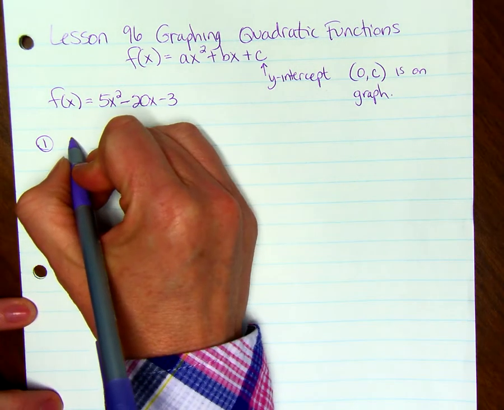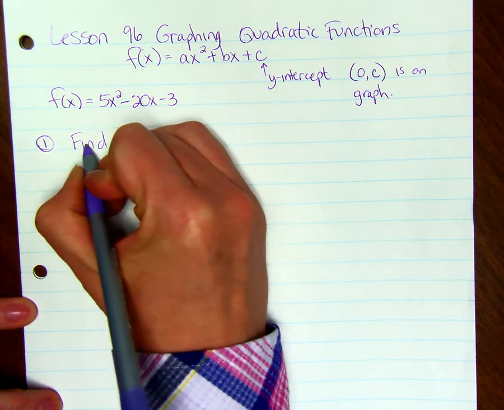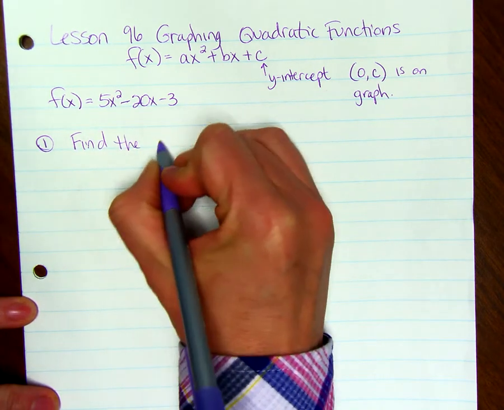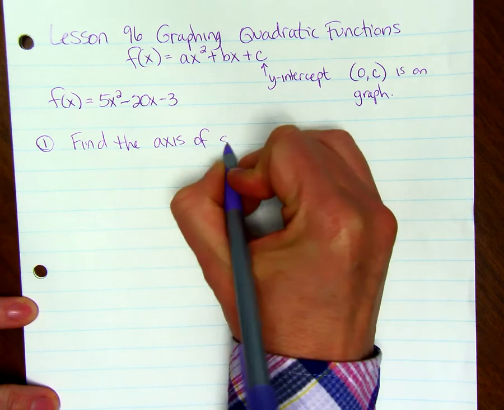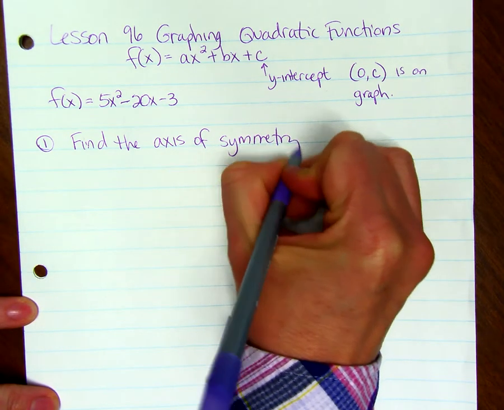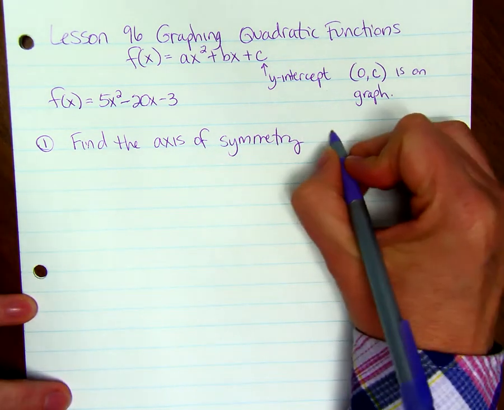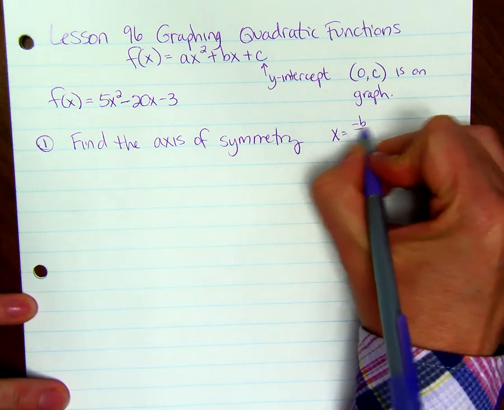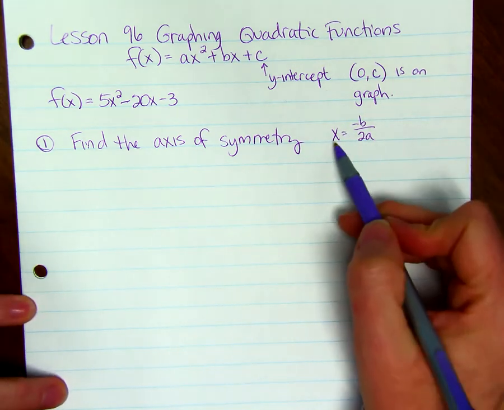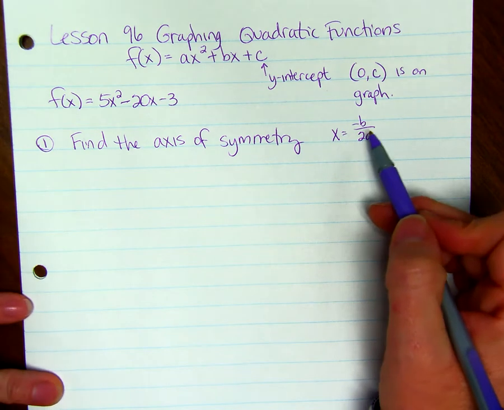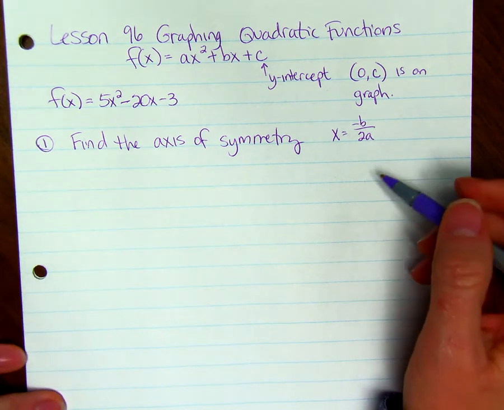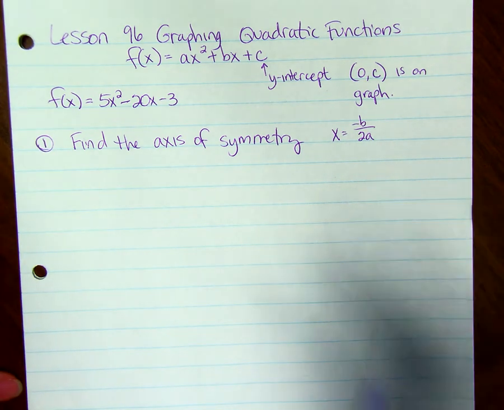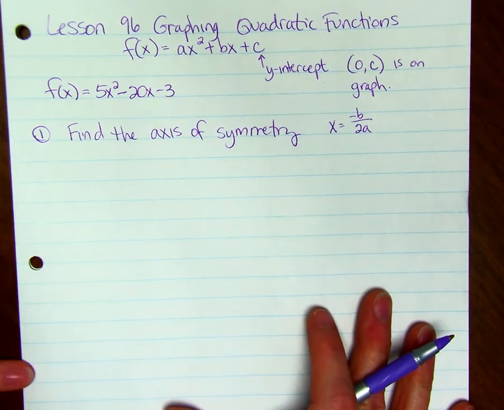That axis of symmetry has a formula that we can use, and that formula is x equals negative b divided by 2a. When you have x equals a number, it is a vertical line, so it's going to be a vertical line right through the middle of the parabola.